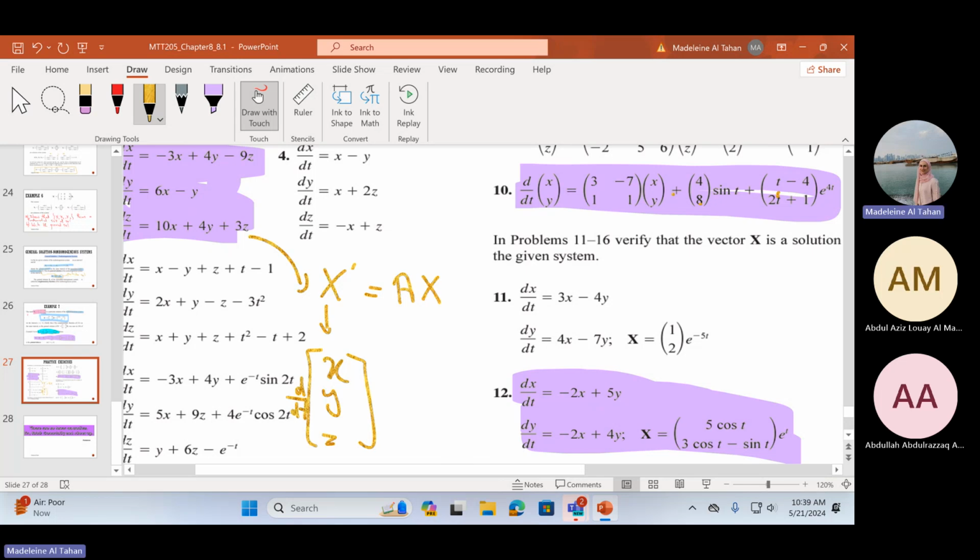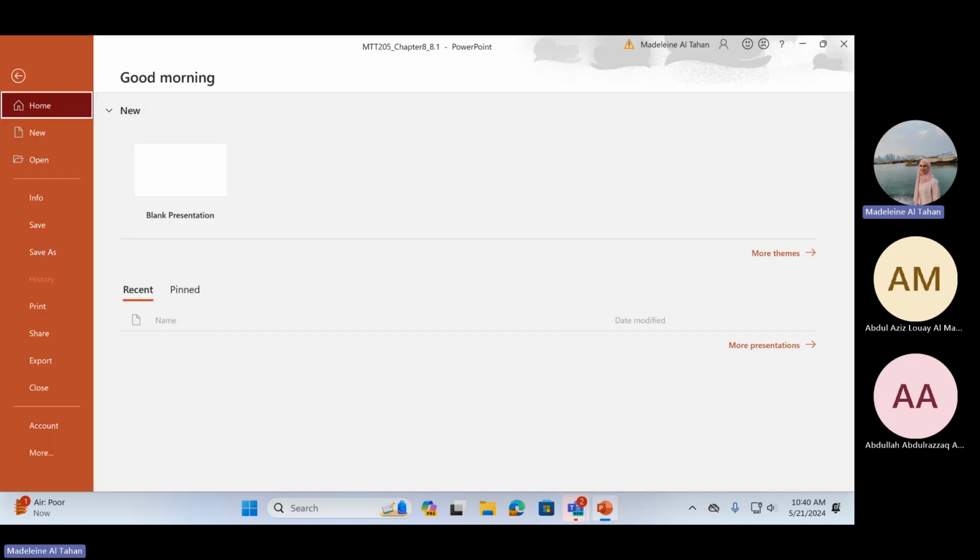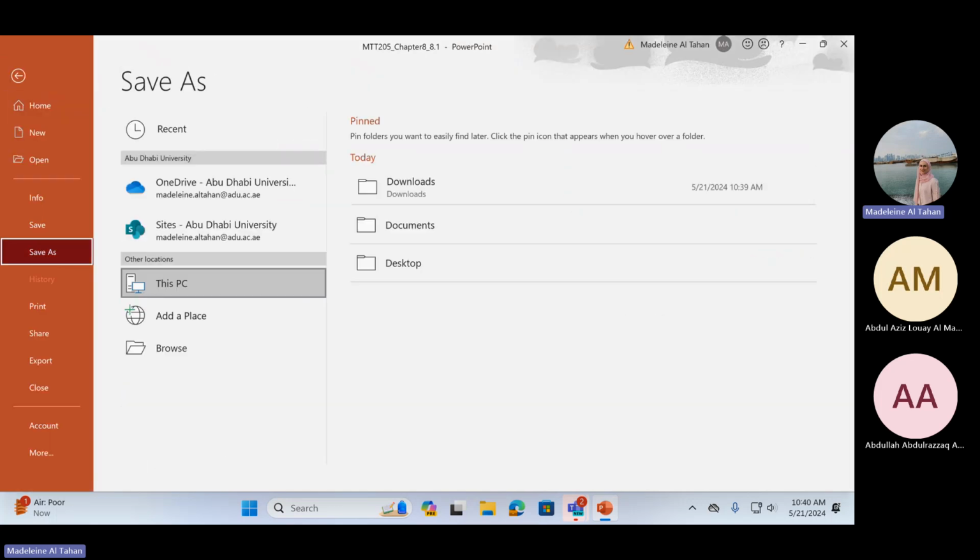That's when we are verifying a solution. Everything that is outside the vector, we're going to substitute. Please start with any questions regarding the previous exercises.